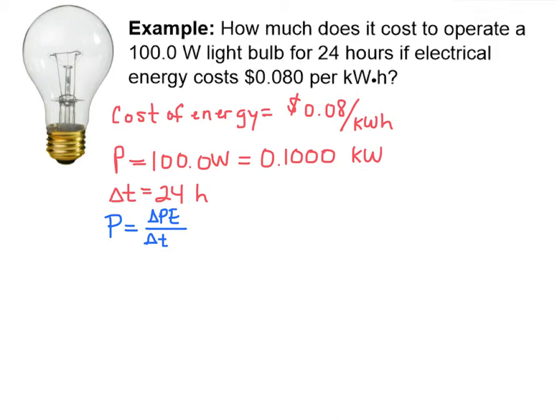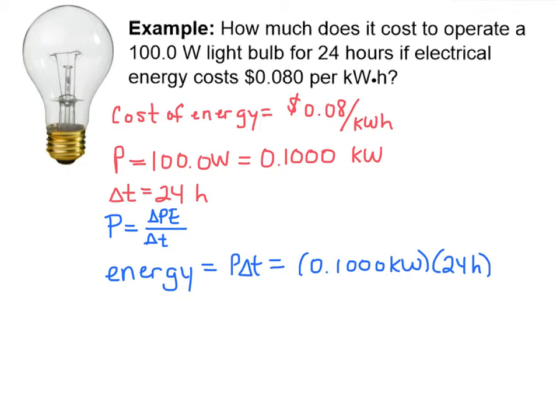Remember, I know that power is equal to the energy per time. Just remembering that equation, I can then rearrange this to solve for the amount of energy that's being used. And if I do that, I can simply plug in my values for power and time. And I can solve that and get a value of 2.4 kilowatt hours of energy.